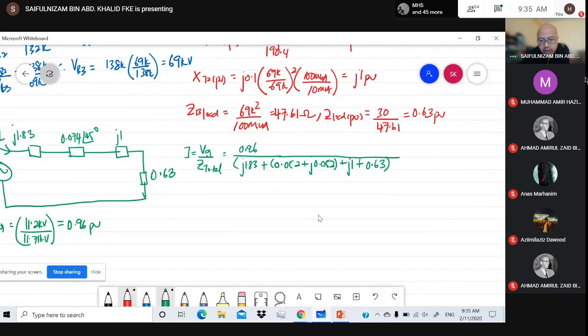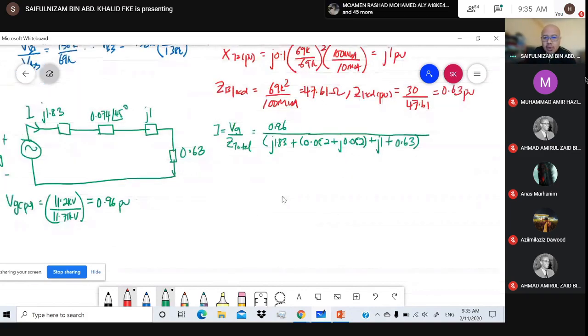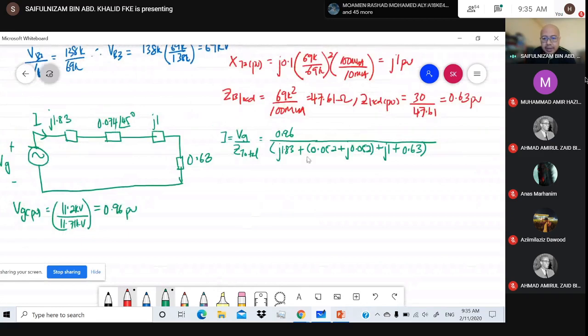Okay. So you combine the real and the imaginary. This is the summation, so you can combine the real part and the imaginary part separately.